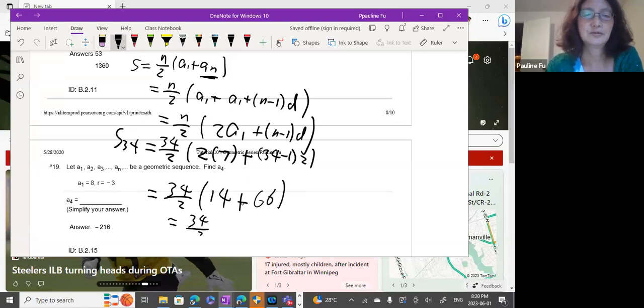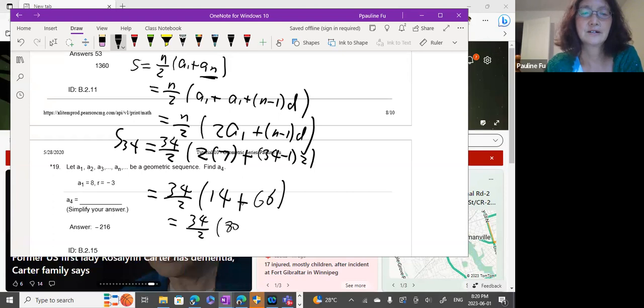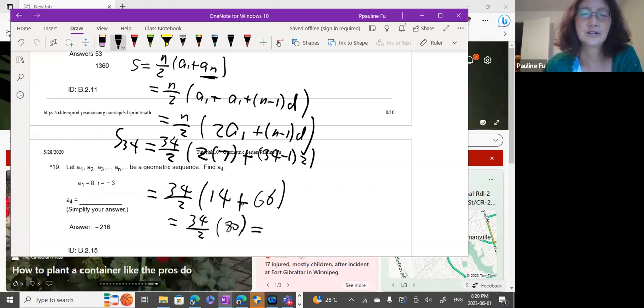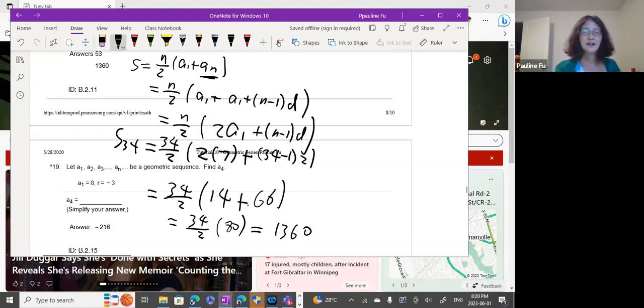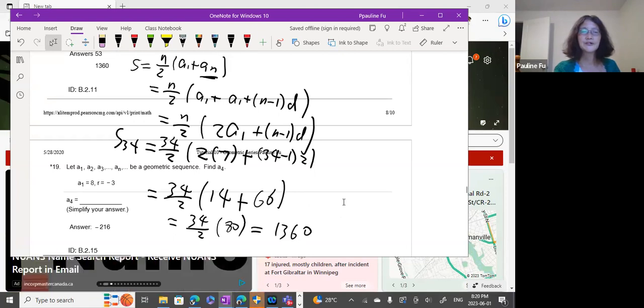And equal to 14 plus 66, 80. And then this becomes 1360. This is the final answer, S34. Okay. Questions? All right.